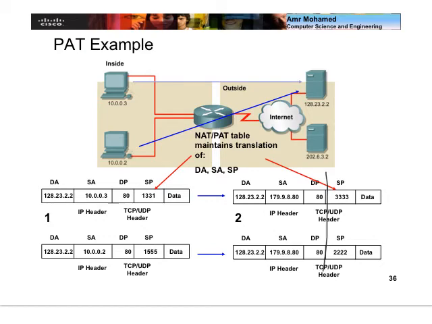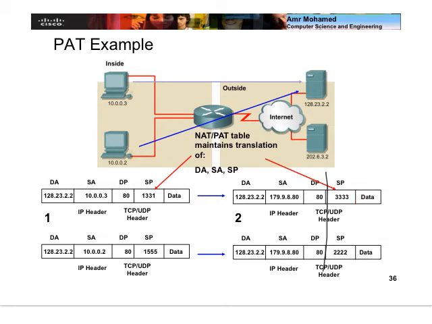Why? This is the only way you can generate this one-to-one relationship, because now I know that 3333 is actually mapped back to 10.0.0.3 and not 10.0.0.2. Because 10.0.0.2 generated this port number, which is 4 2s. It doesn't use 4 3s.